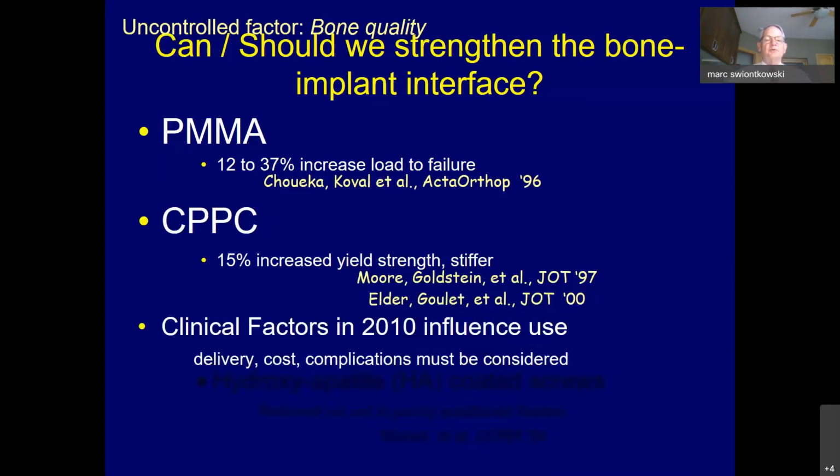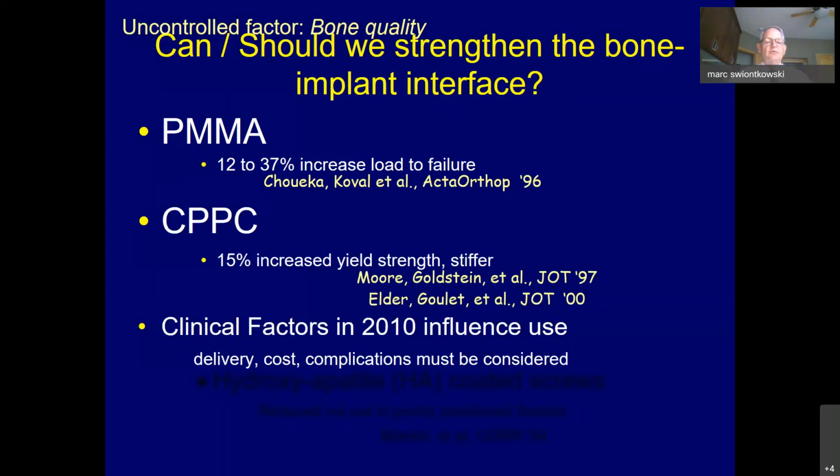So what's available to increase the stability of the bone implant interface in the face of osteoporosis? You can use methyl methacrylate. That's point 1, where you can increase the load to failure by placing cement in the channel of the compression screw component.